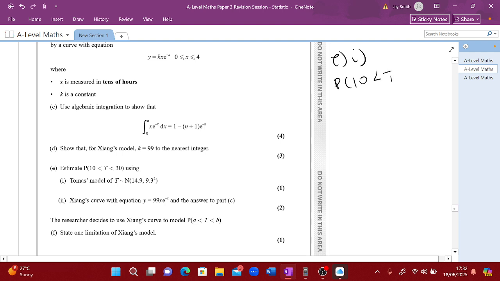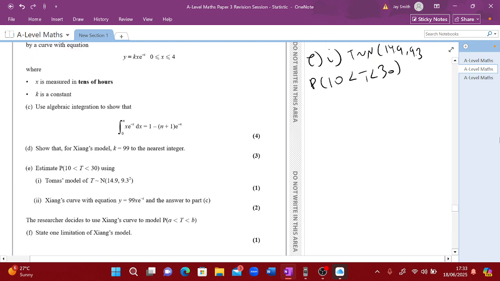So the probability of T between 10 and 30, and we're given the normal distribution N of 14.9, 9.3 squared. So between 10 and 30, but that's just calculator work.